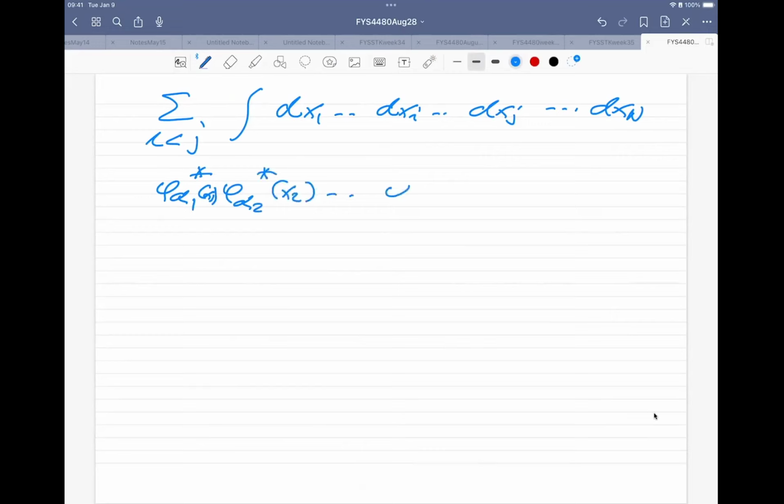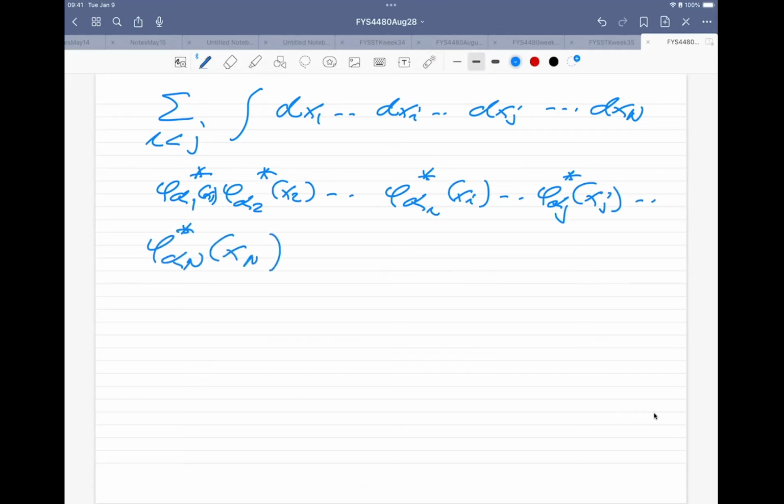There's going to be a phi alpha i of xi. And then somewhere there's a alpha j of xj. And this is given by the last one, complex conjugate xn. And then I have an interaction element which picks coordinates xi and xj.